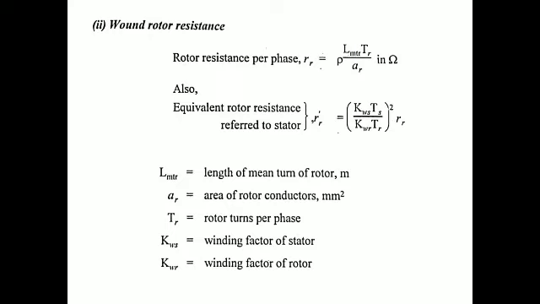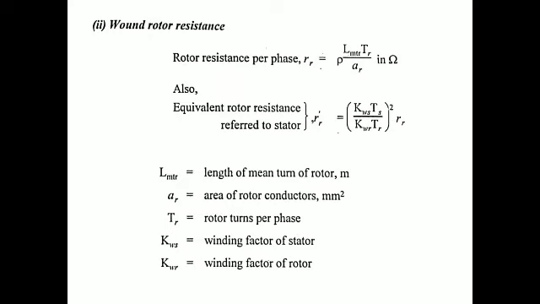The same notations are there, but we cannot take this RR directly. Why? Because of transformer action. In between we have mutual magnetic coupling, so we need to shift the rotor parameter to the stator side. For that, a second equation: equivalent rotor resistance referred to stator, R suffix R dash. For this dash, we need to multiply by the winding and turns ratios.